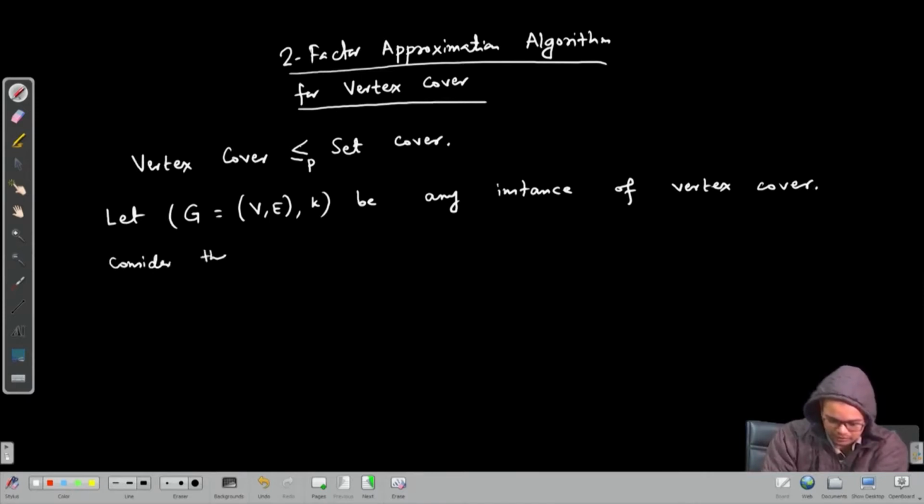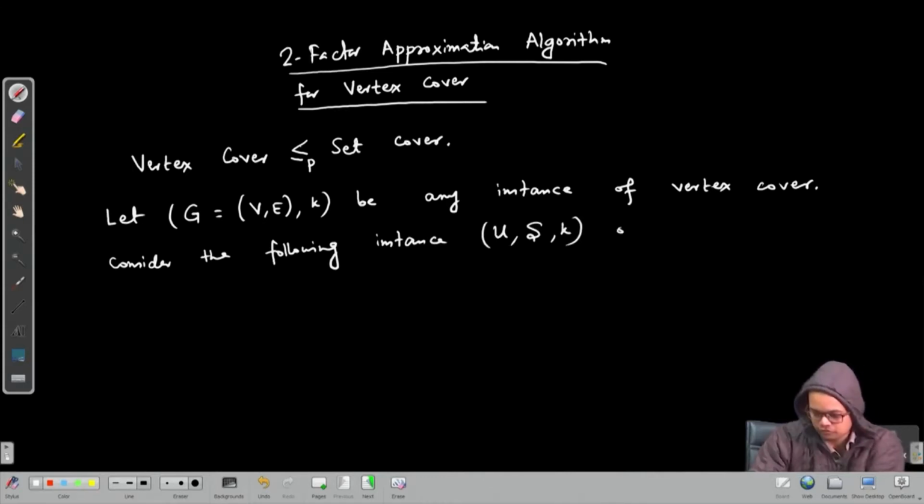Consider the following instance (U, S), K of set cover.